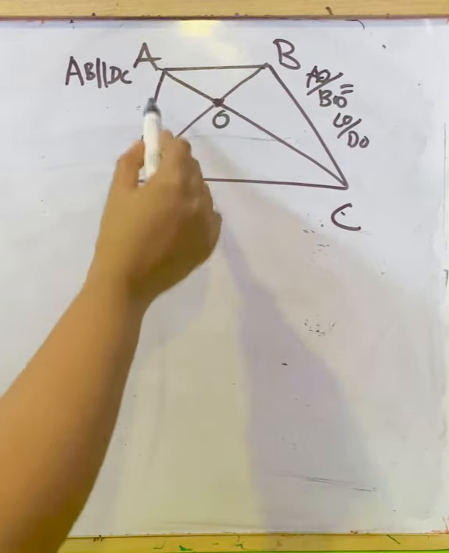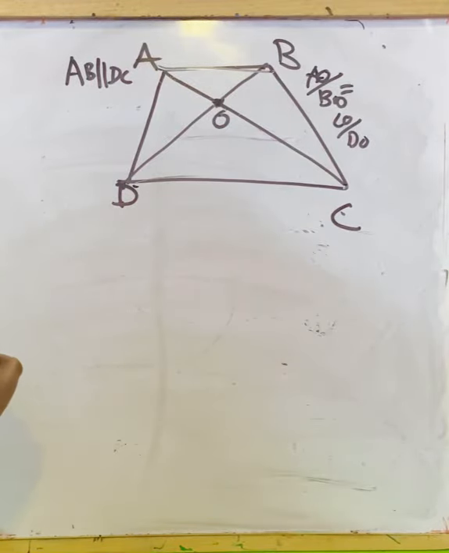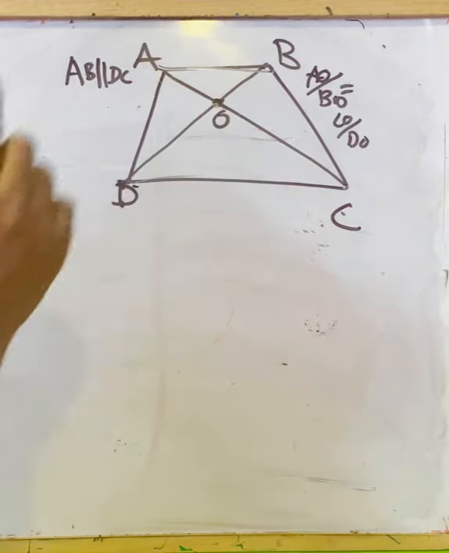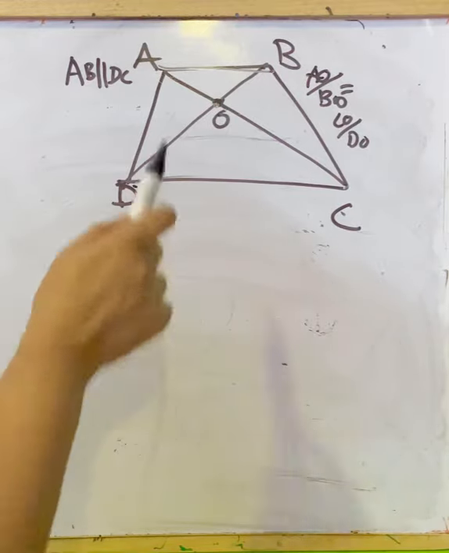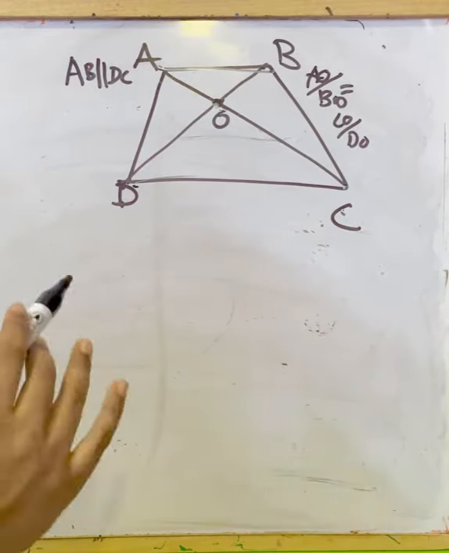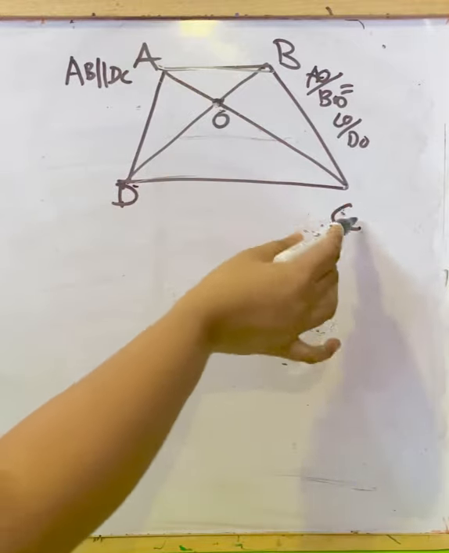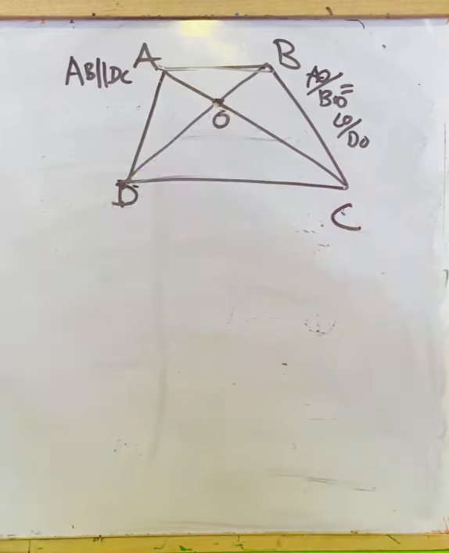It is not a triangle, it is a trapezium. This and this are parallel. And the other thing given is O is the intersecting point. It doesn't mean it bisects. It is not given AO is equal to CO. Just O is the intersecting point. Or it is not given the ratio AO by OC equal to what? We have no other points to compare.